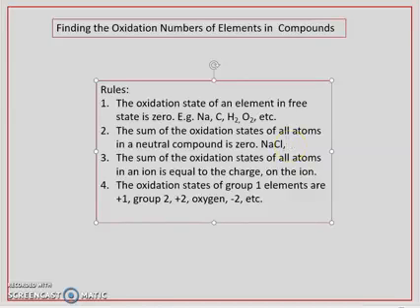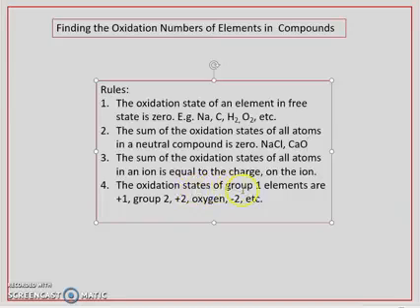If you are talking about calcium carbonate, it is a compound with no charge, so if you add the oxidation states of calcium, carbon and oxygen, it will give you 0. That is what it's saying. The third rule says the sum of the oxidation states of all atoms in an ion is equal to the charge. We shall meet that in our examples.